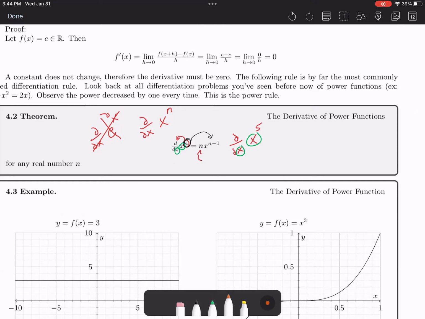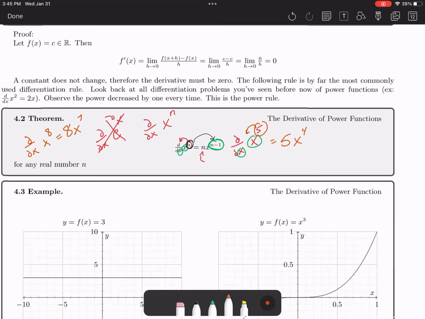So the power rule tells me that the 5 is going to come down in front. The new power is 5 minus 1, or 4. Like x to the 8th, when differentiated with respect to x, yields 8x to the 7th.